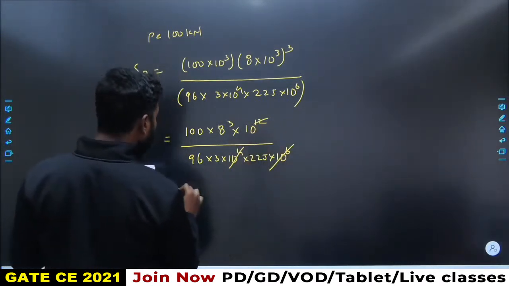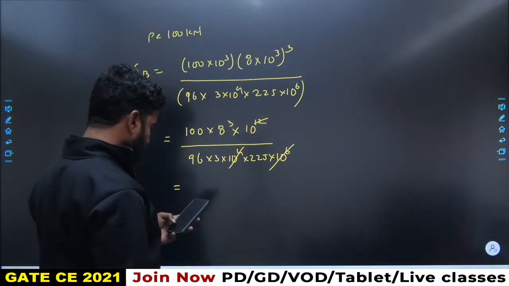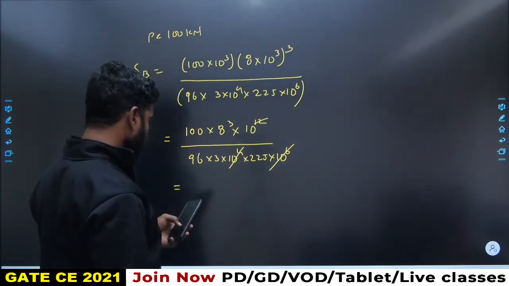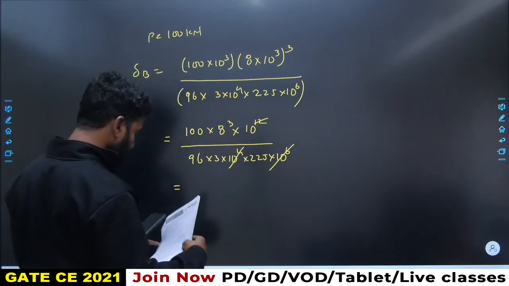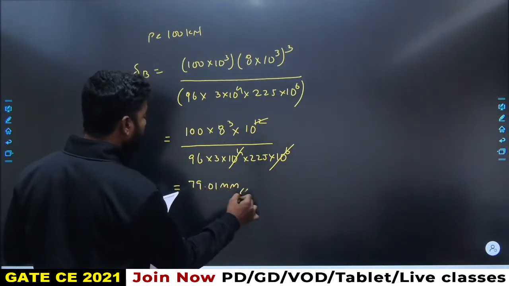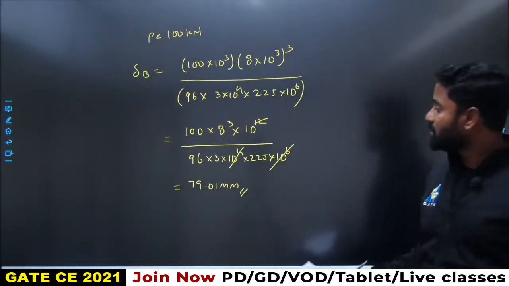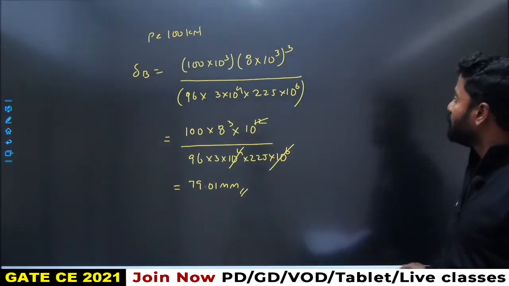So this would be 10 square. 100 multiplied with 8 divided by 96 divided by 3 divided by 225 multiplied with 100. So approximately you will get 79.01 mm. Just substitution of basic things, you will get the answer. So 79.01 mm will be the answer for this problem.